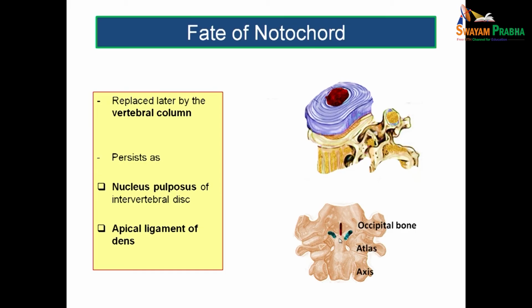When you trace the axis, you can see a ligament attached to the apex of the dens of axis. That is known as the apical ligament of dens. So, along with the nucleus pulposus, the apical ligament of dens is also considered as a remnant of the notochord.